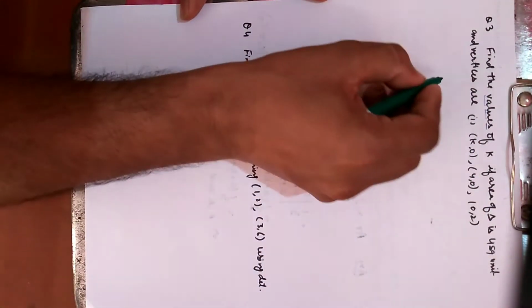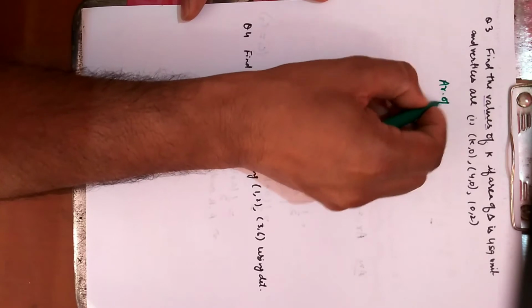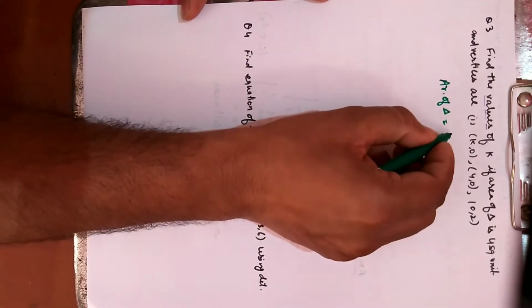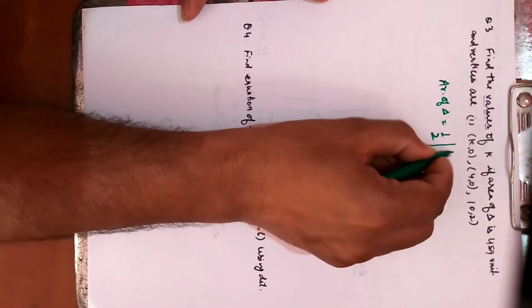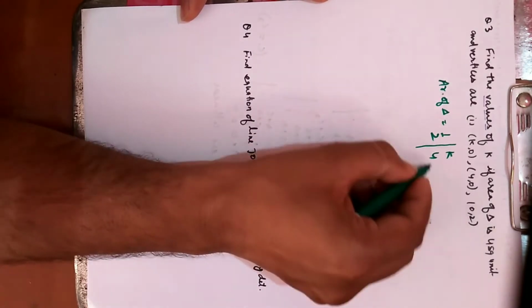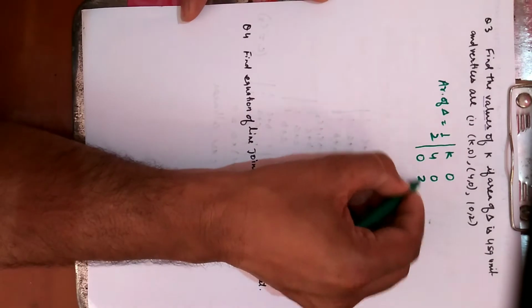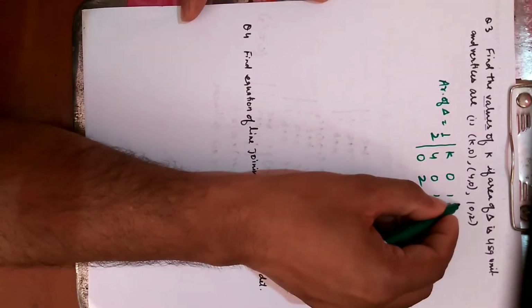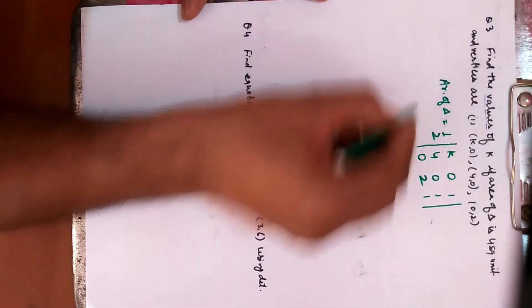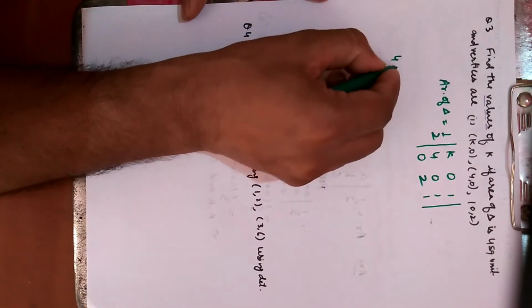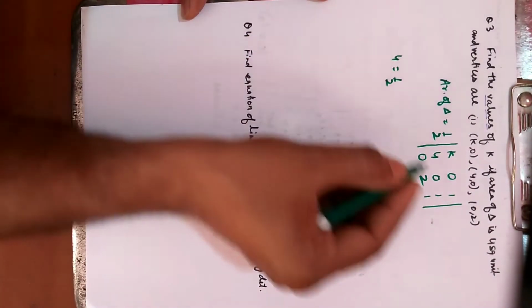So the area of the triangle, we apply the formula directly. This is k, this is 4, this is 0, this is 0 0, and this is 2, this is 1 1 1. So you can see the area is given to us. This is 4 and here it is 1 by 2.